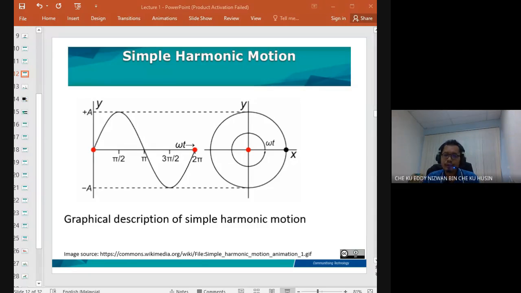Then when we talk about motion, for vibration parameters, there are three types of parameters to measure vibrations: displacement, velocity, and acceleration. For measurements, normally we measure displacement and acceleration.